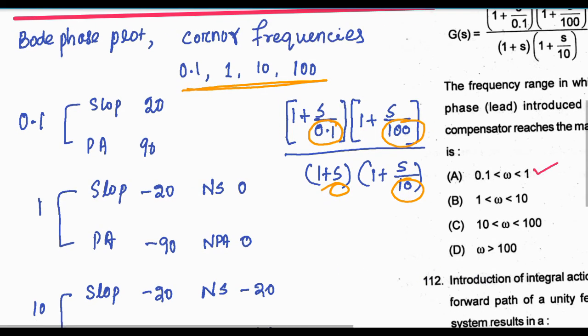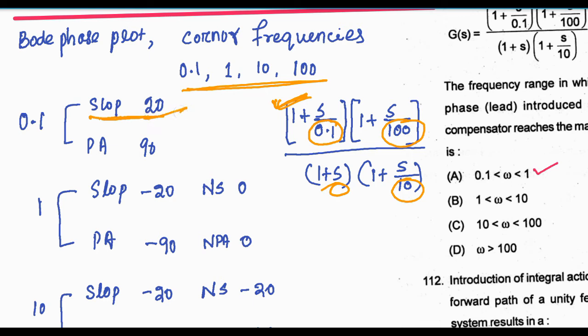At 0.1 the slope will be 20, because this is in the numerator, so this will be 20 into 1, and the phase angle will be 90 degrees into 1.